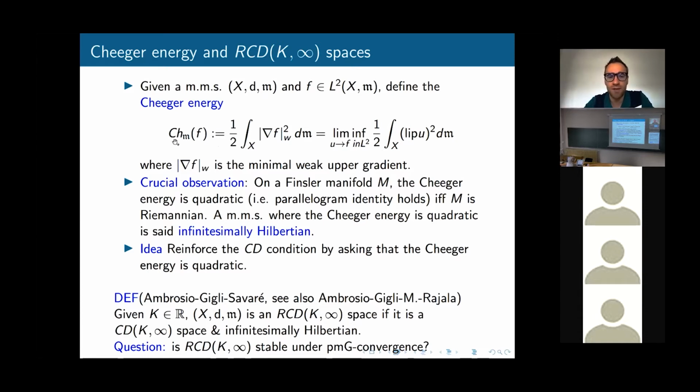This quadraticity of the Cheeger energy is something which involves gradients of functions. So it involves something at first order. We have derivatives. So we have first-order objects. And why should something of first order pass to the limit under a zero-order convergence?